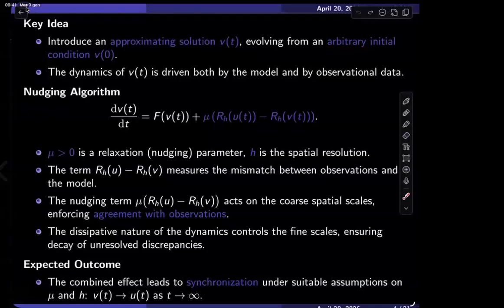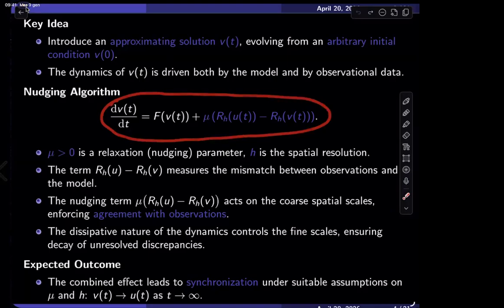Okay, so for instance, just think about the initial condition of this new system as being 0. And how to construct this approximation? The idea is that the dynamics of this approximation is driven both by the model and by the observational data. So the equation that you construct has this form here.